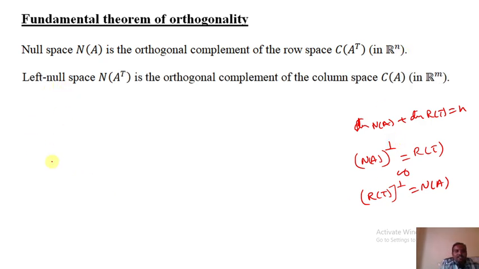Similarly, the left null space: the dimension, the nullity of A transpose, plus the rank, or the dimension of the column space.